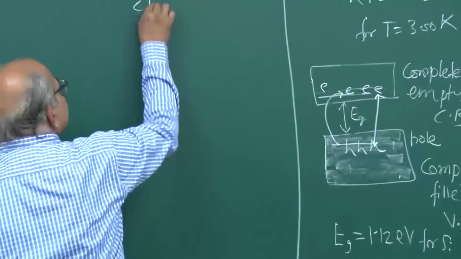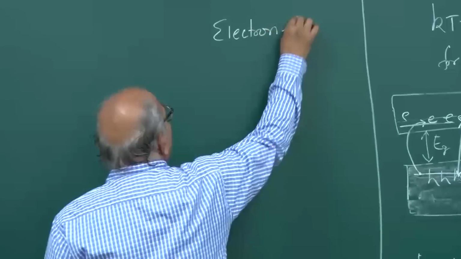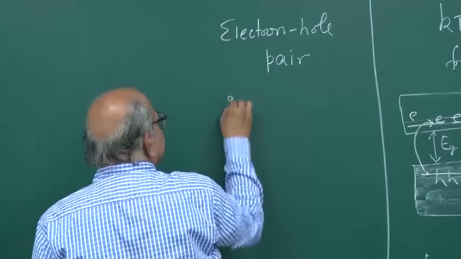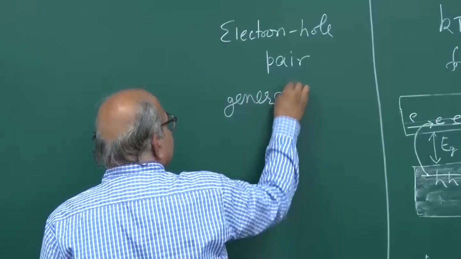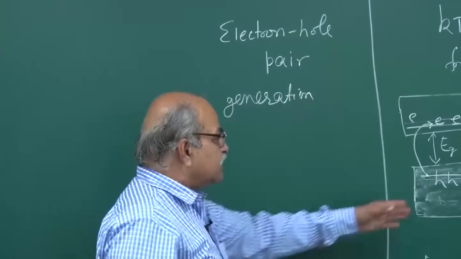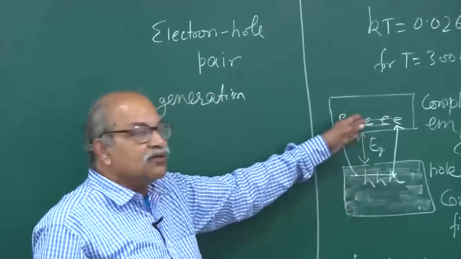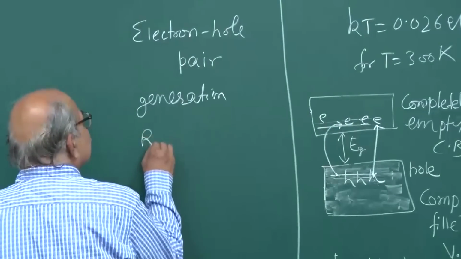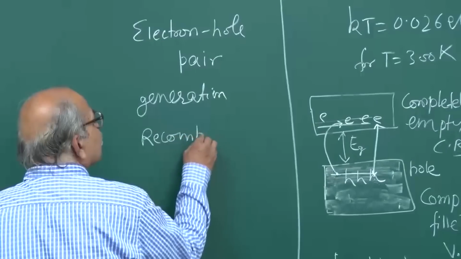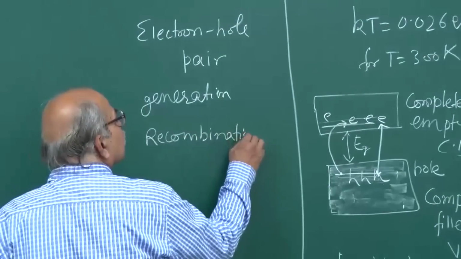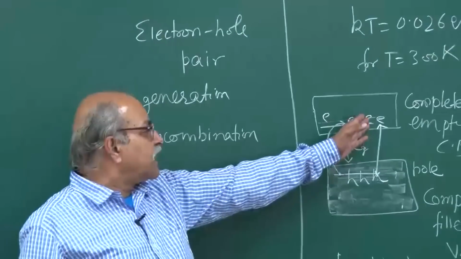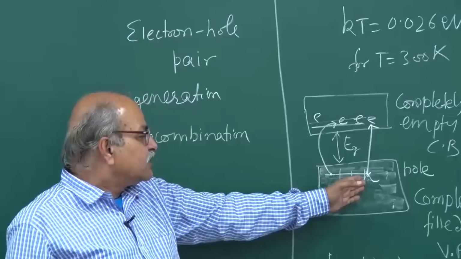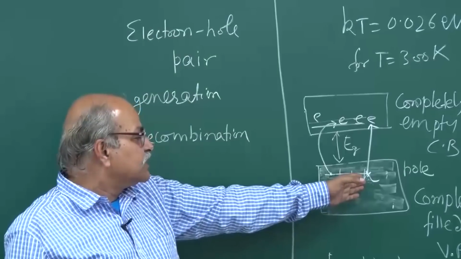So, you have electron hole pair generation when a valence band electron takes up energy and goes to the conduction band, or you also have recombination when a conduction band electron reduces its energy and goes to the valence band and fills some empty quantum state there.